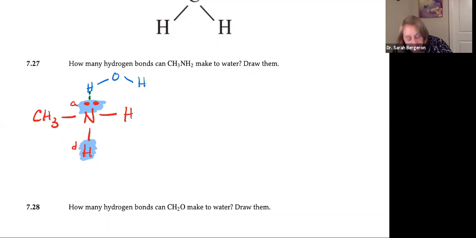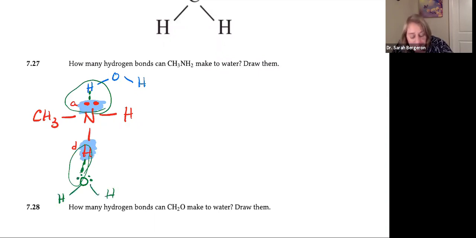So here's one hydrogen bond, and then we're going to have water, but in this case it's going to be the oxygen, because we have those two lone pairs. I should have been drawing that in blue, but it doesn't matter. You have a dash, so here's a hydrogen bond here and here.